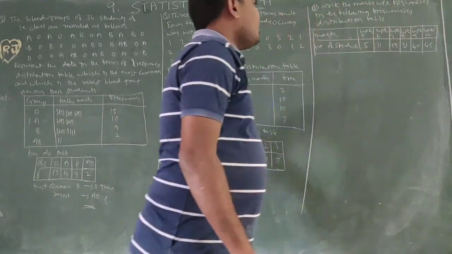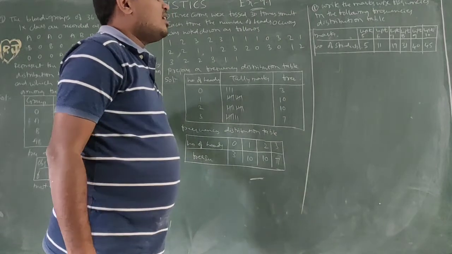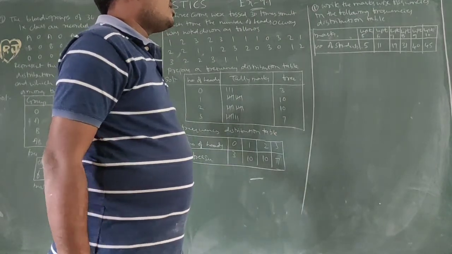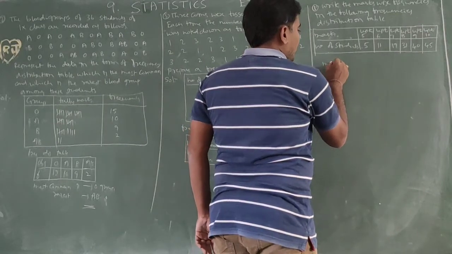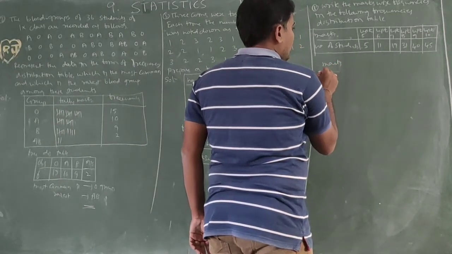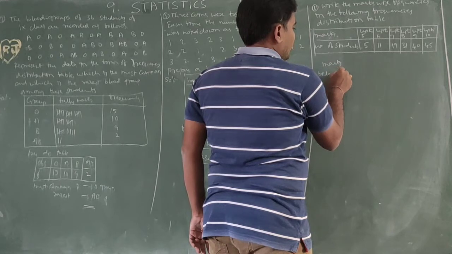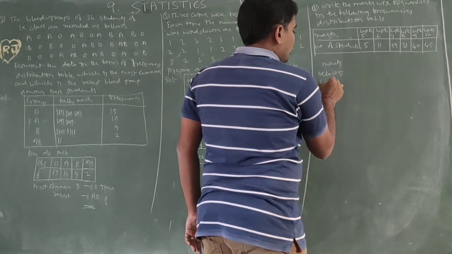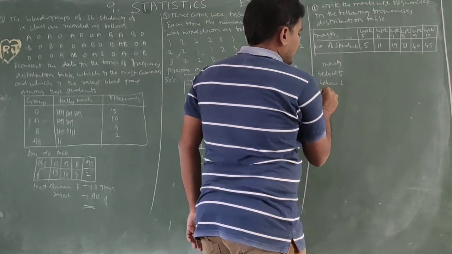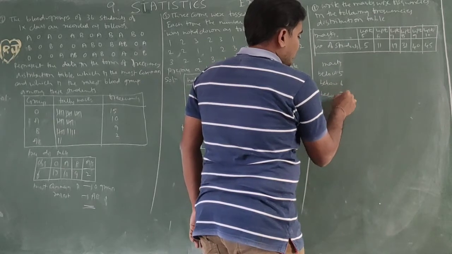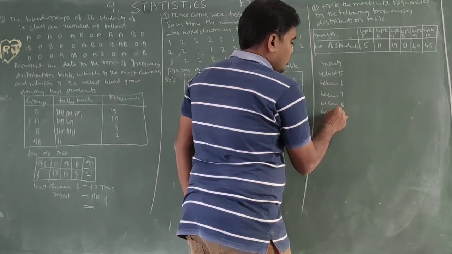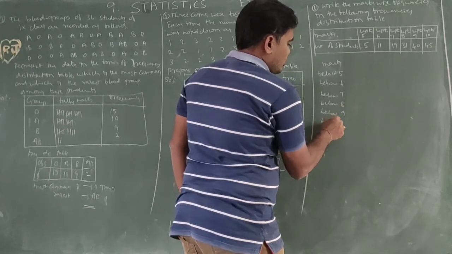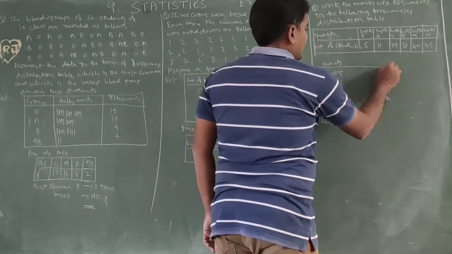So this is the information given. So marks are given and number of students. So marks below 5, below 6, below 7, below 8, below 9, below 10.